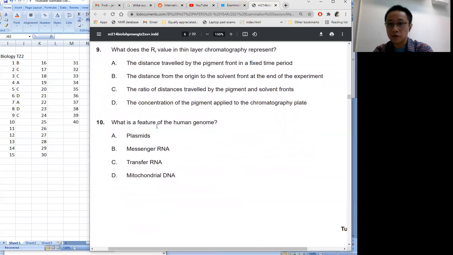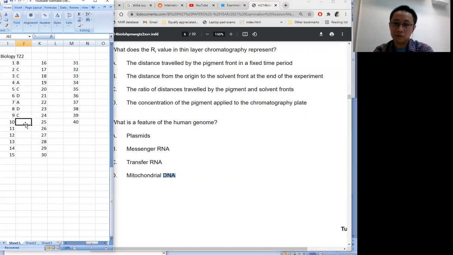Question 10, which is a feature of the human genome? I want to rule out the RNAs, because RNAs are not permanent genetic material. Mitochondrial DNA should be part of it. This is a weird question, but I think I will go for mitochondrial DNA.